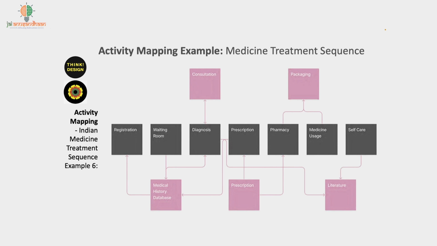There's a prescription system which needs to be managed. Literature is something which is not there. So, the ones outside the main line are interventions that can be done through design. This is a medicine treatment sequence activity diagram.